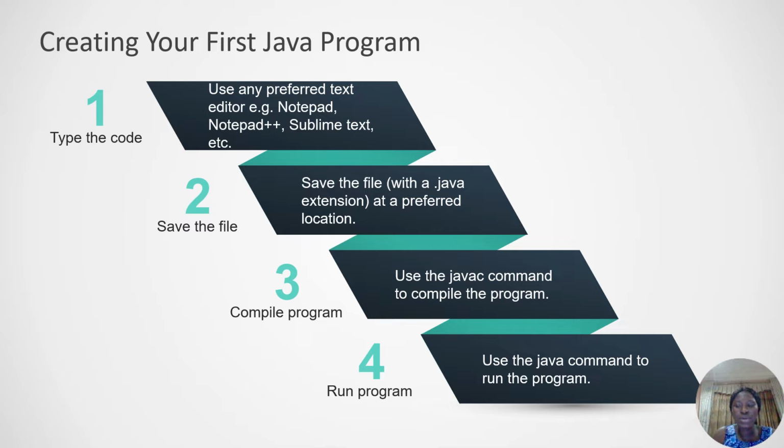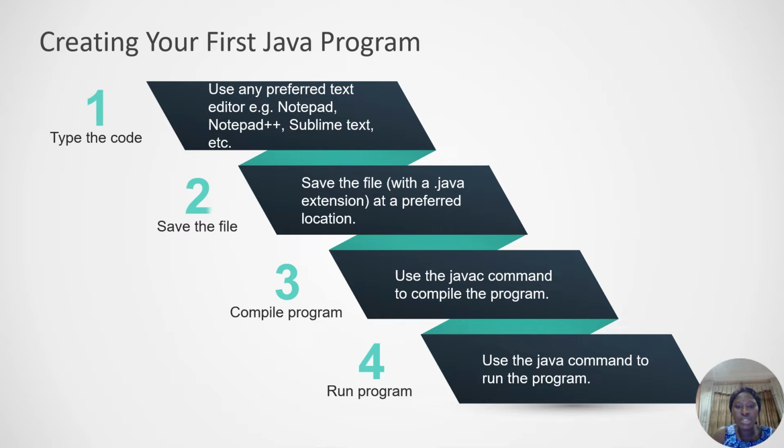In typing your code, you would use any preferred text editor. Example, Notepad, Notepad++, Sublime Text, etc. In saving your file, you will pick any location of choice on your computer and save your file with a .java extension.